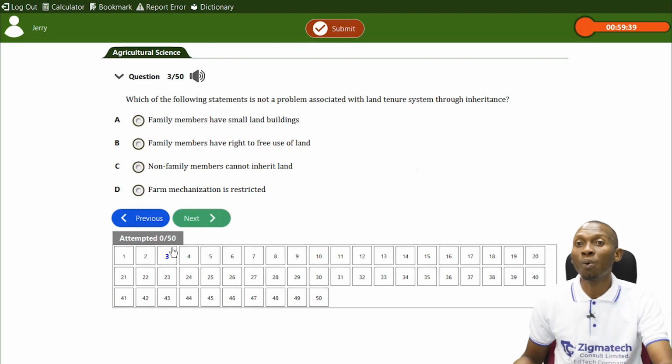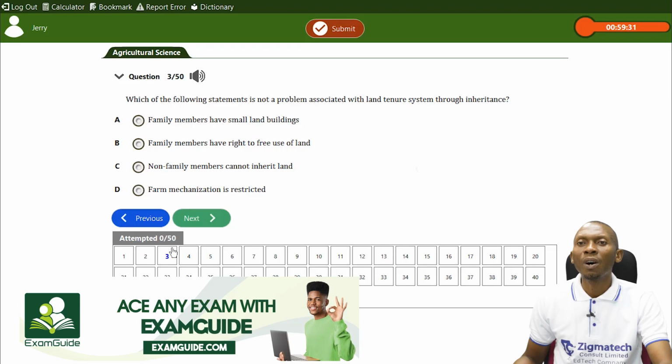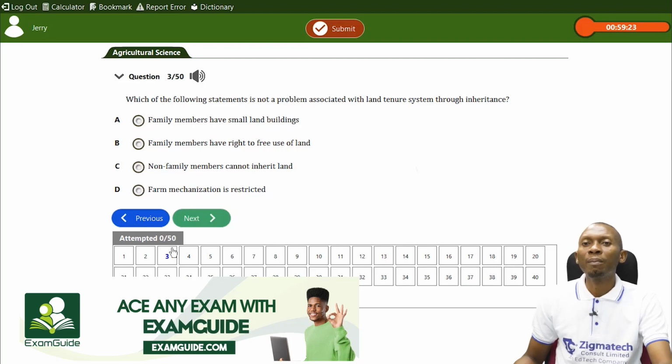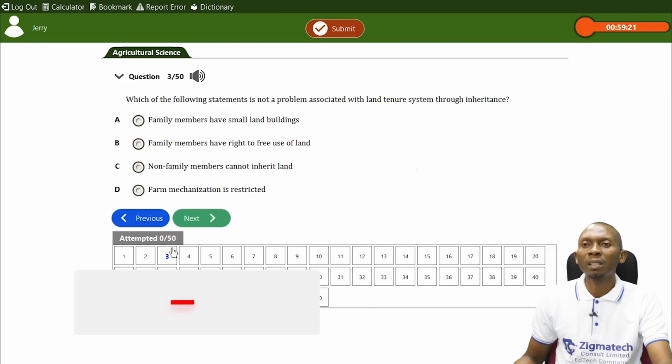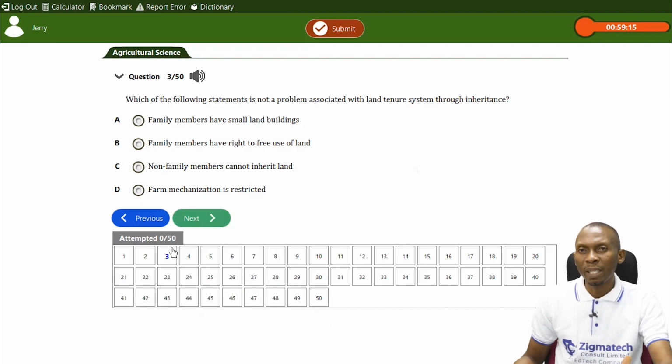The question should be land holdings and not buildings. B, family members have right to free use of land. C, non-family members cannot inherit land. And D, farm mechanization is restricted. Remember, the question says, which of the following statements is not a problem? That means it's an advantage.